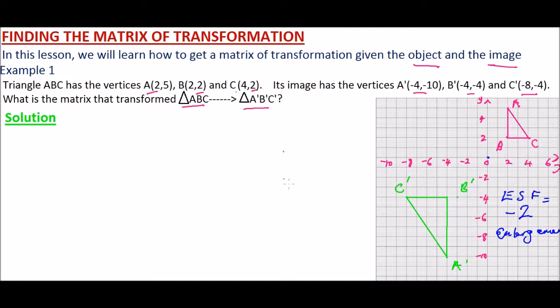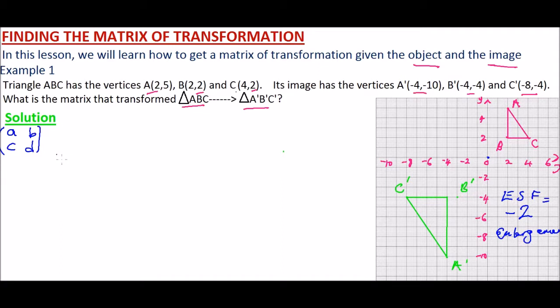For us to be able to get the matrix that was used to transform this, we are going to say that let our matrix be (a, b, c, d). Then if we are able to get a, b, c, and d, we will be able to get the matrix of transformation.